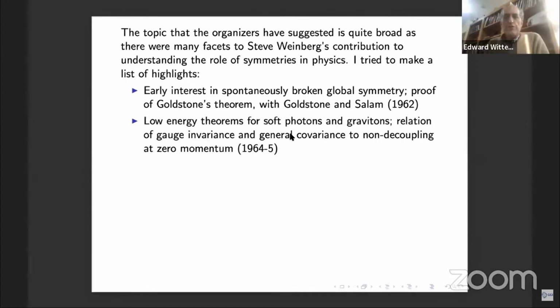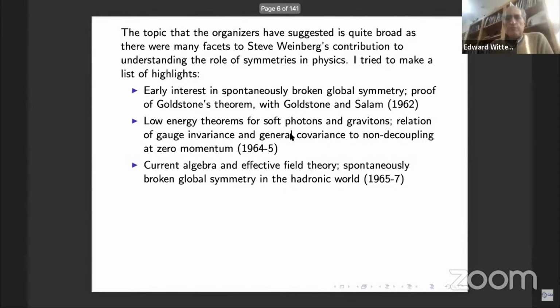There were low energy theorems for soft gravitons and photons, and the relation between assuming that a photon or graviton doesn't decouple at low momentum and a requirement of gauge invariance or general covariance in its couplings.